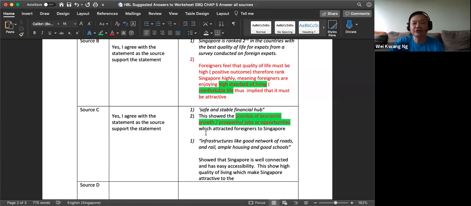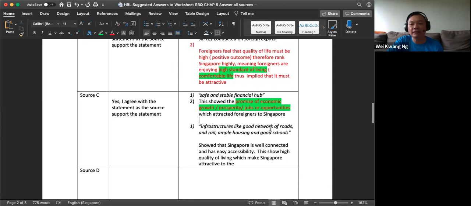Or you mention something like this. Some of you may have picked up another set of evidence. You can just pick one of them. You don't have to take both of them. Just one will do. One PEE is good enough. But in case you pick up something like this, oh, they mentioned this good network of roads, ample housing, and good schools.